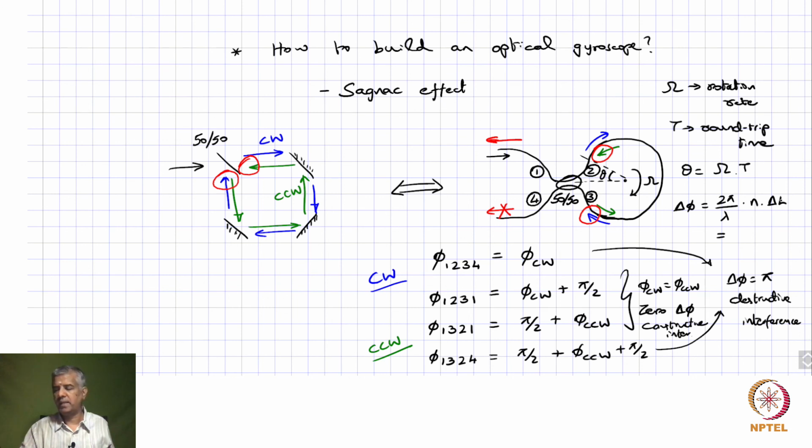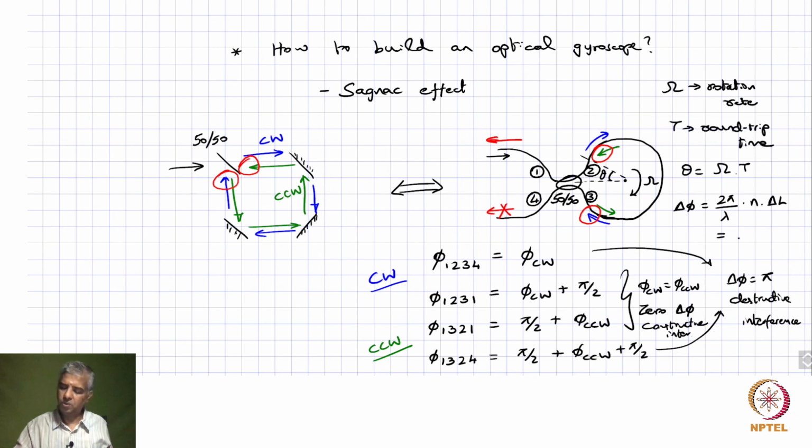You can say delta L can be written as c into delta t. If you're talking about propagation time t, then delta t corresponds to the difference in the propagation time between the two paths, and then lambda over n can be written as c over f.